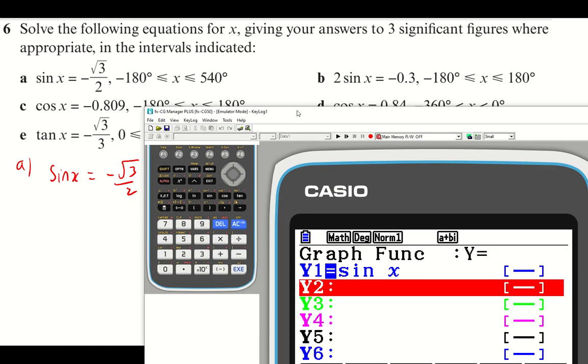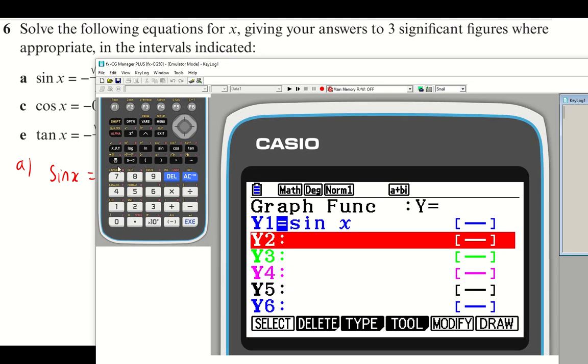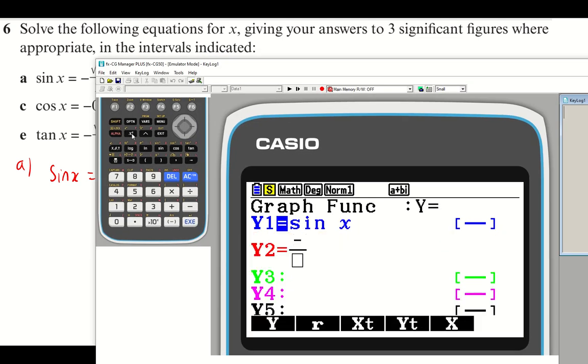So for these, before we can put it in our calculator, we always need trig equals number. So for b, you have to do a bit of rearranging first. It's just divided by 2. So the number we've got equal to is minus root 3 over 2.